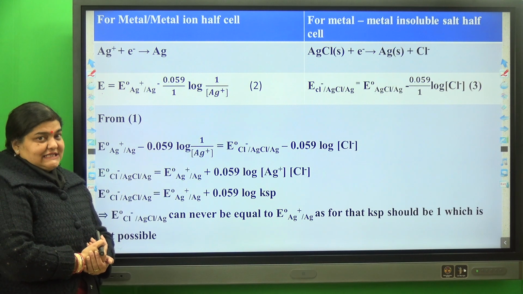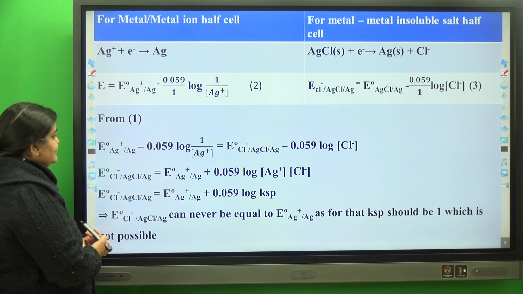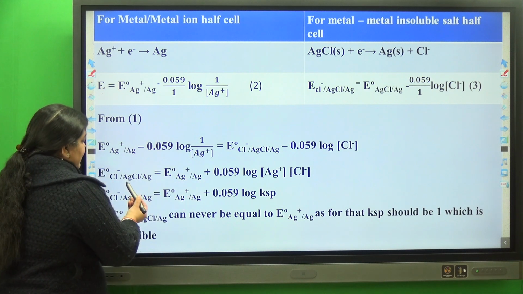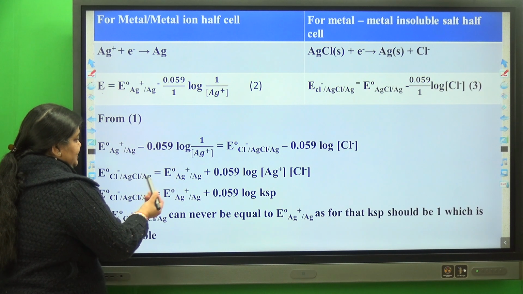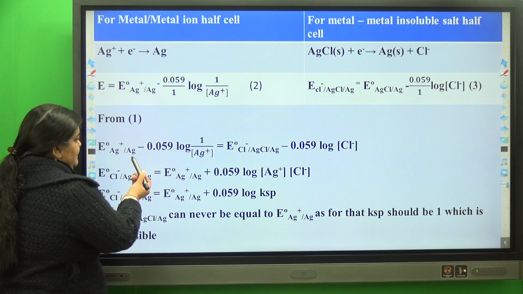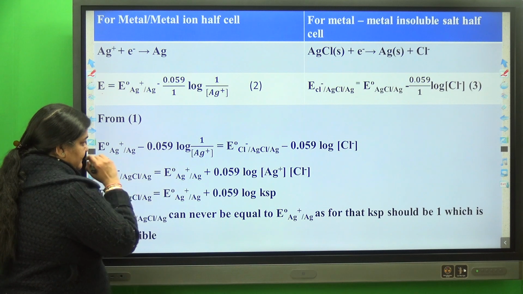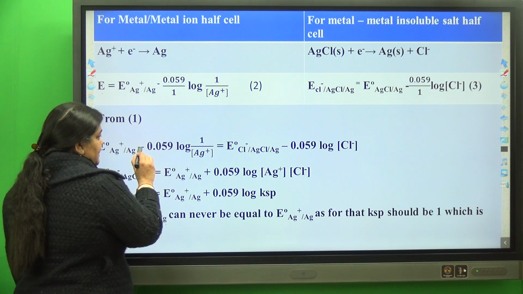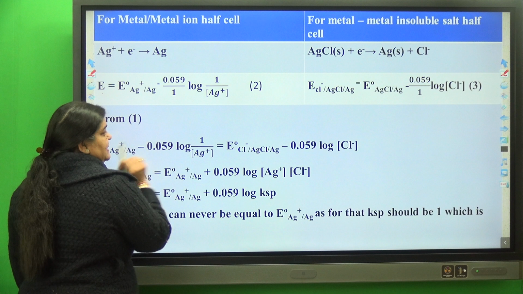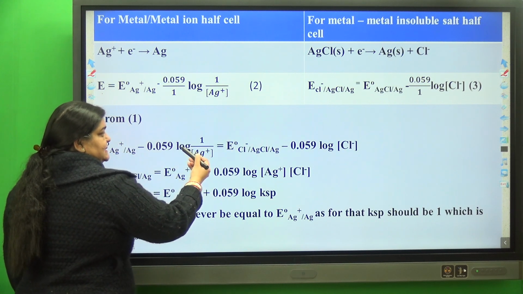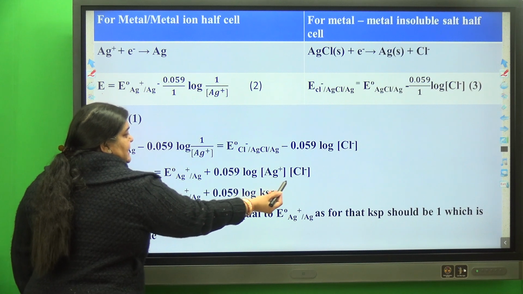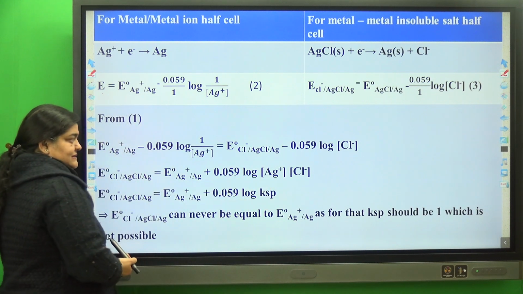Let's rearrange the terms. E naught Cl minus oblique AgCl oblique Ag is equal to E naught Ag positive oblique Ag. If I make it positive, Ag positive will be in the numerator. Bringing it towards this side, this will be plus and it will be Cl minus.